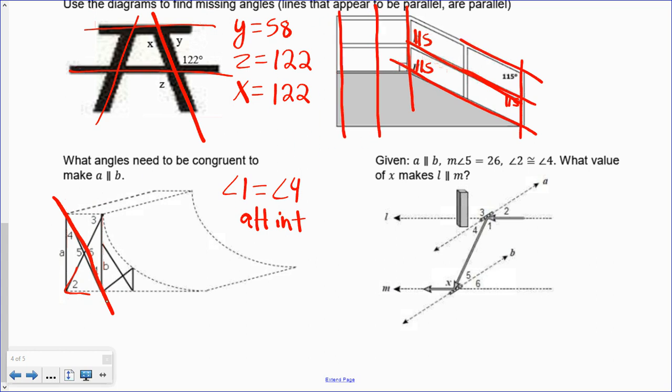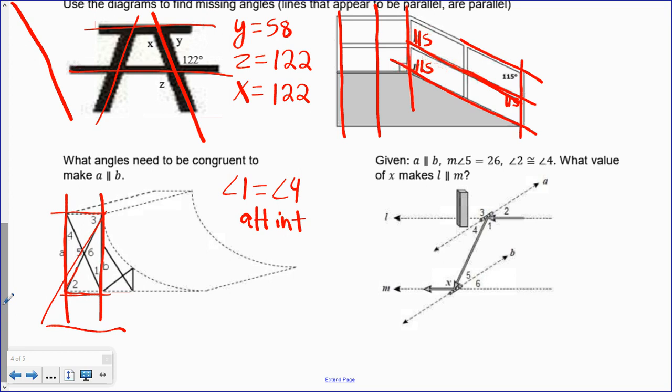You still need this line and this line to create angle 3 and angle 2. So you can't do it.